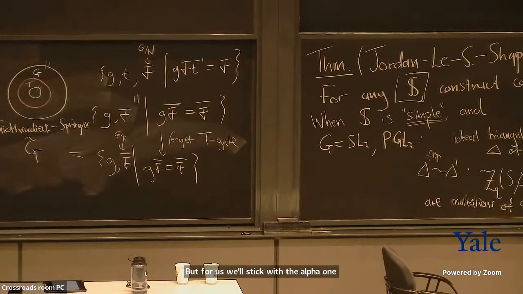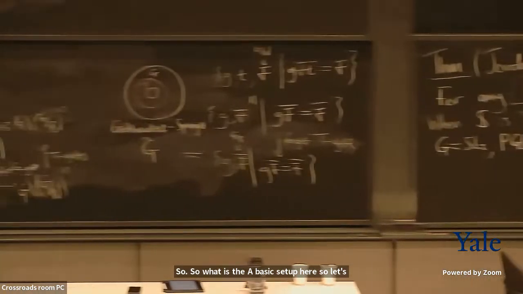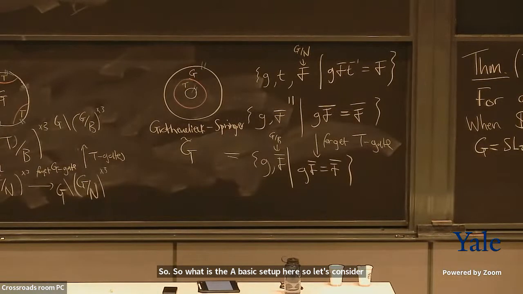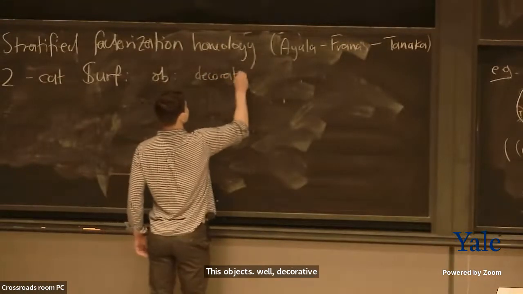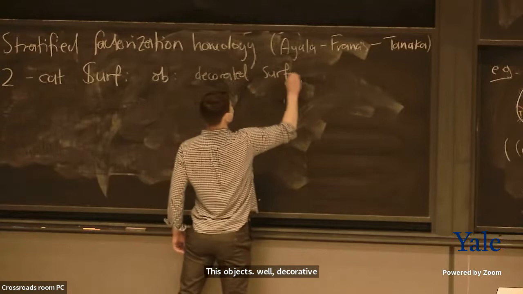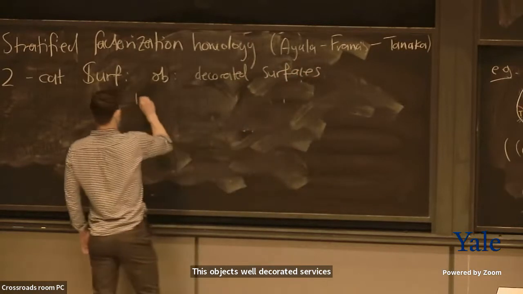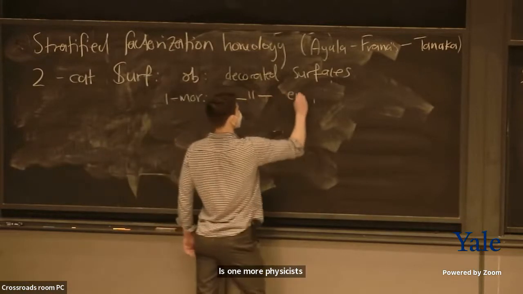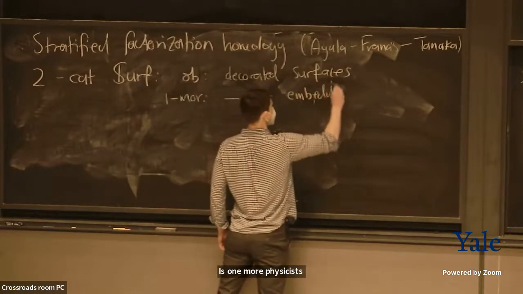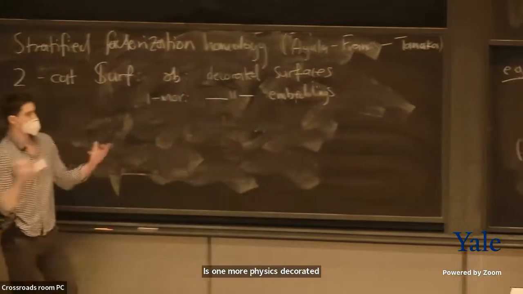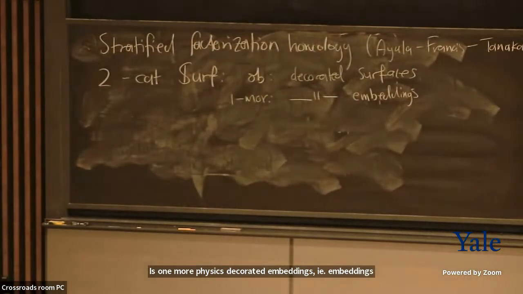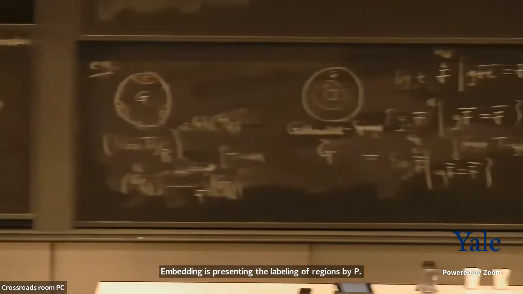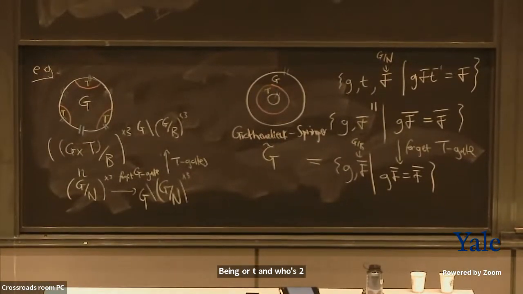So let's consider a two category of decorated surfaces whose objects are decorated surfaces, whose one morphisms are decorated embeddings, i.e. embeddings preserving the labeling of regions by G, B, or T, and whose two morphisms are isotopies of such.